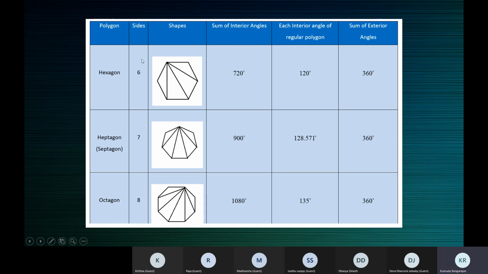So here what you see is a hexagon, and I've divided the hexagon into 4 triangles. 180, 180, 180, 180. 720. Ma'am, then it is not a diagonal? They are also diagonals.